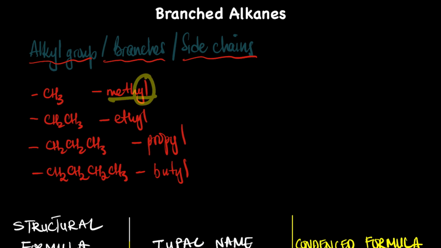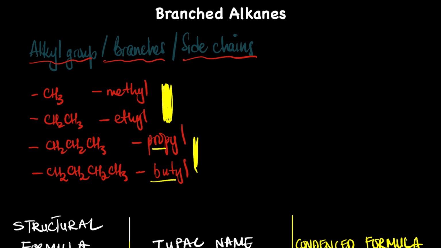We put the YL. Two is eth, but since it's a branch, it's going to be ethyl, and then propyl. But we're going to focus mainly on these two. Three is propyl and four is butyl, but we're going to focus on propyl and butyl later when we're doing esterification.